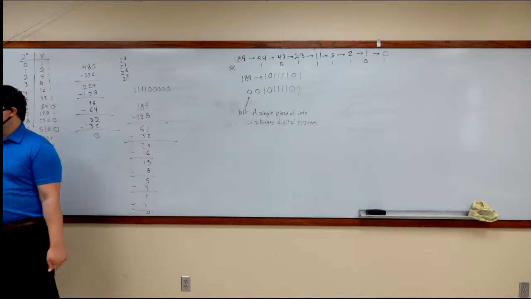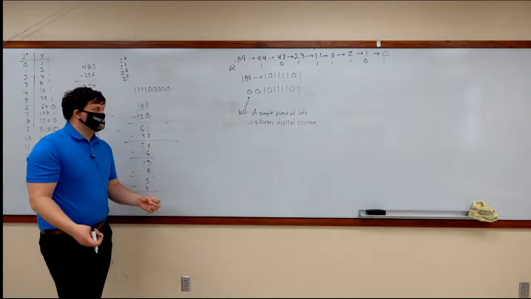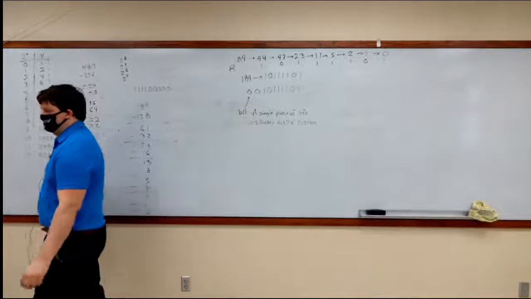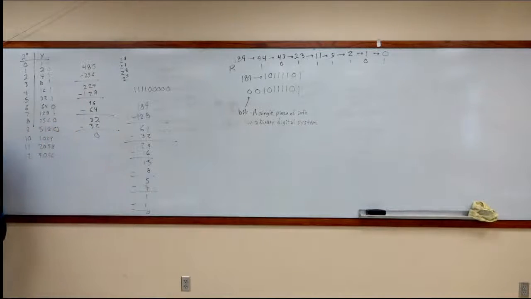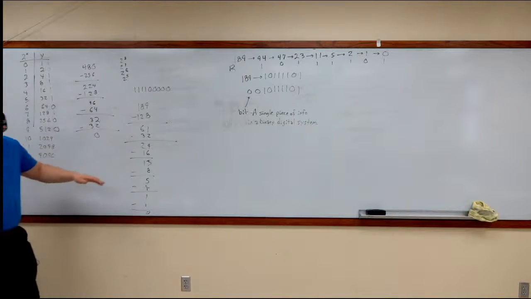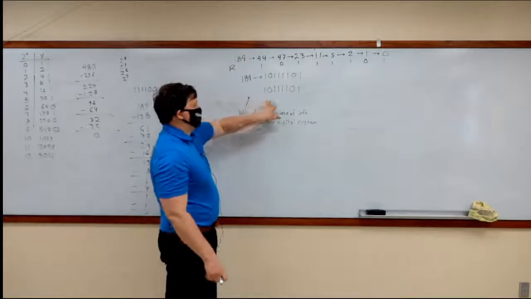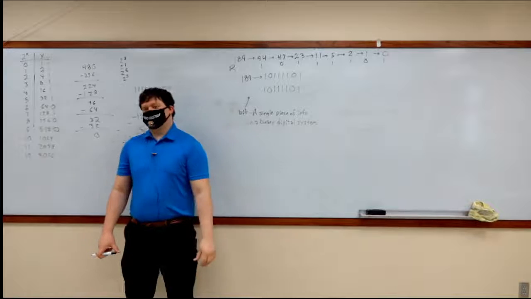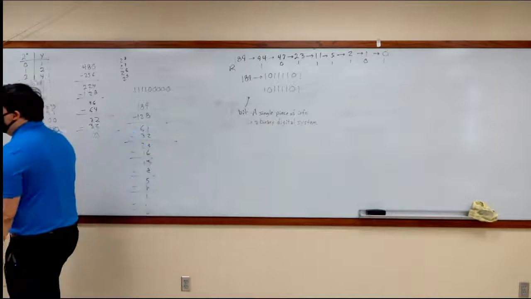How many digits does it take to write 189 in a decimal system? 3. So instead of using 8, which if we cut off the zeros at the front, this takes 8. Writing 189 takes 3 digits in the decimal system.